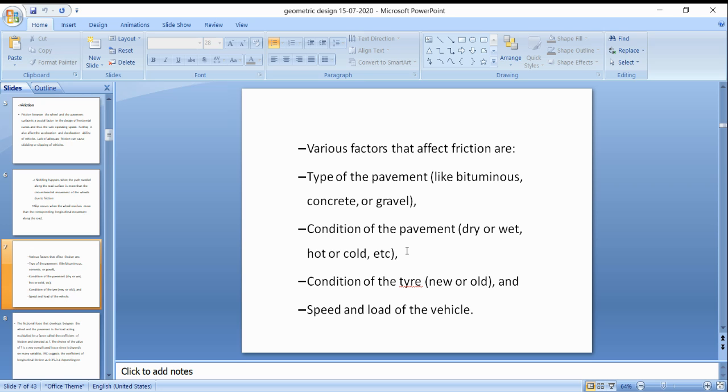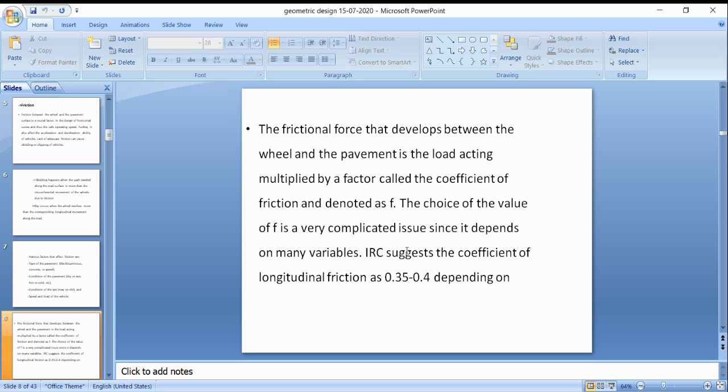First one is the type of pavement, next is the condition of the pavement, next is the condition of the tire, and the speed and load of the vehicle. So these are all the factors which are affecting the friction. At the time of designing, we have to see all these factors.